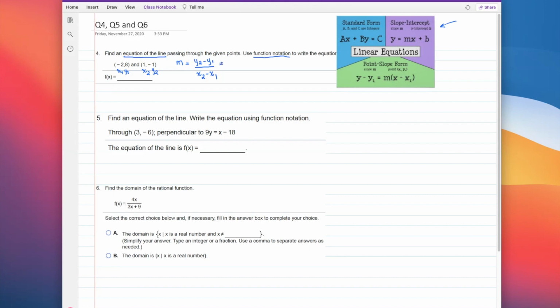What is important is the ratio is always between the vertical change and horizontal change. Vertical change: y2 was -1, and then it went to 8, and then I subtract -1 minus the y1.